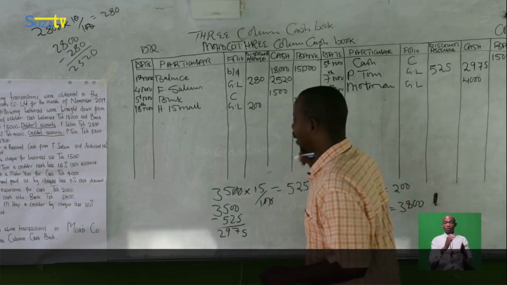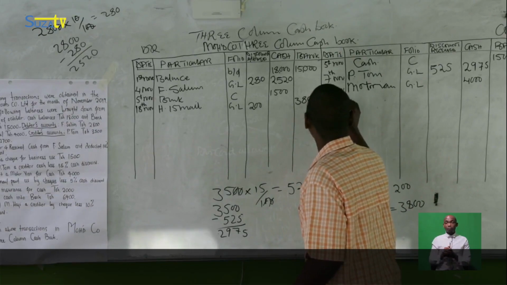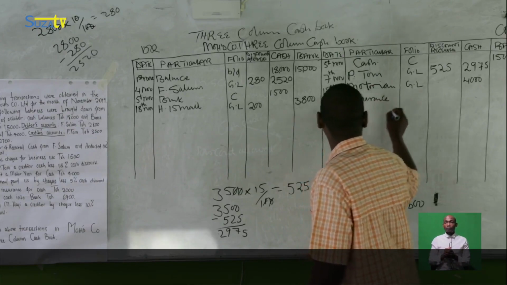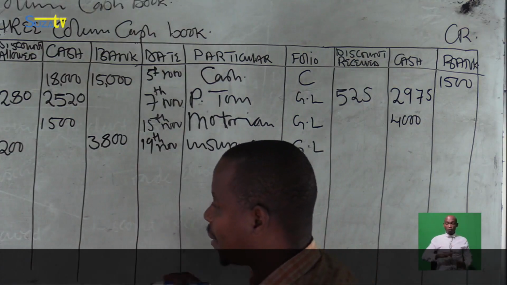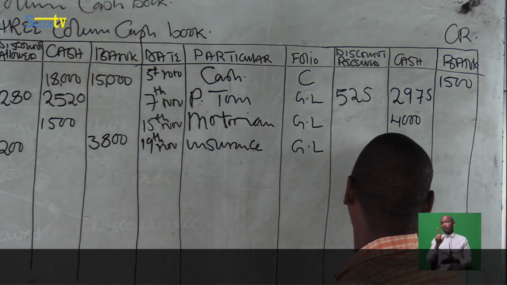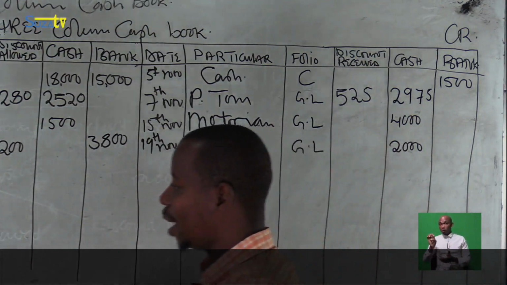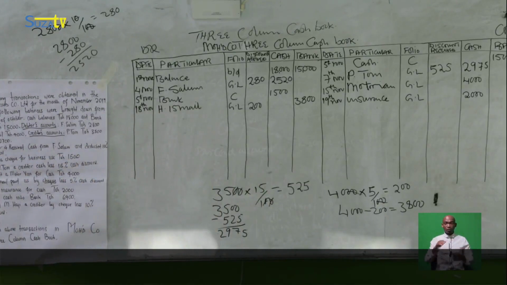You record here 18th November, insurance, general ledger, means of payment is cash. You put here 2,000. Okay. Continue with the next.